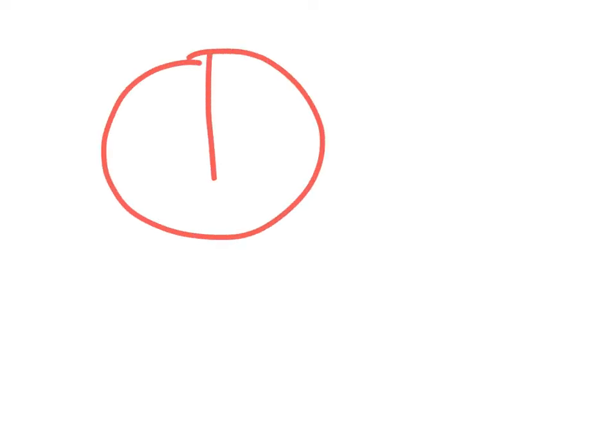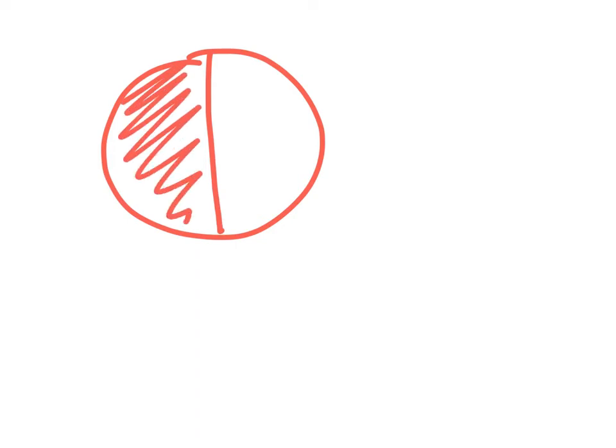A couple of things we can do with fractions. I think the best way to represent fractions, in my opinion, is to draw pizzas. Because we can easily see, if I were to draw a pizza and cut it into 2 pieces, and let's say I ate one of those 2 pieces, then as a fraction, I had 1 out of 2 slices of pizza.